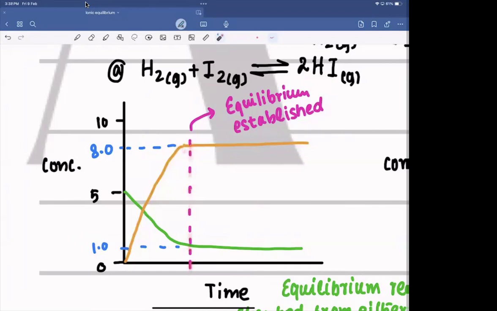That is the time where the equilibrium establishes. So here we can see that at equilibrium, there is 1 mole of the reactant and 8 moles of the product. Is this clear? Yes, sir. As time passes, no more reactant is used up, it stays 1, and no more product is formed, it stays 8. Is this clear to all of you?